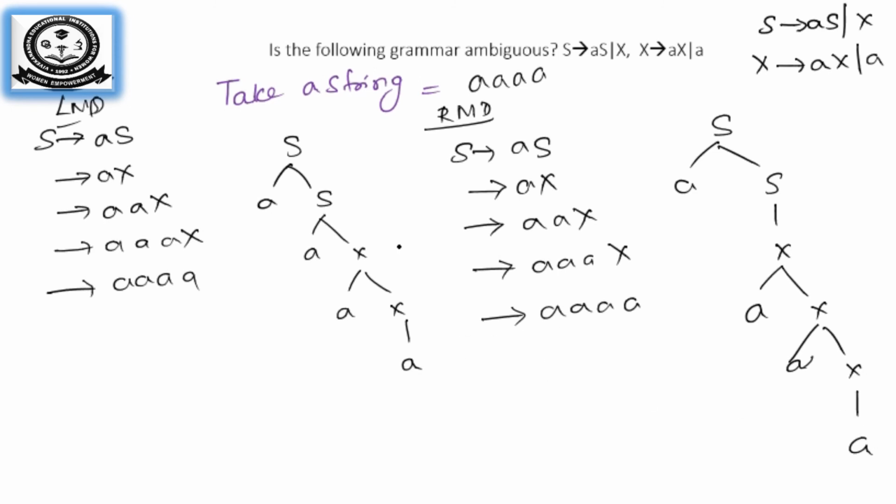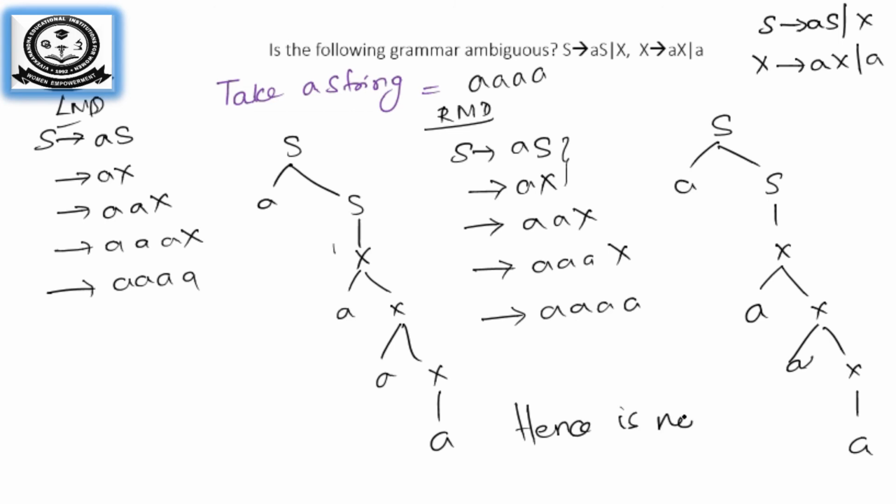So you can see here there is a difference in the parse tree it's created, even though the derivation is done. So the only difference here is I used two different rules here. Sorry, here also it's AX only, so it is X, then it is given to X. So you can see both are having the same parse tree over here, hence this grammar is not ambiguous.